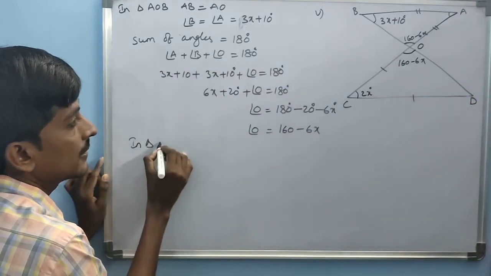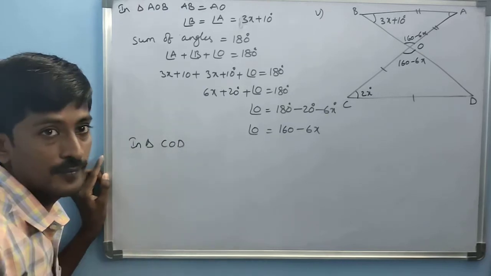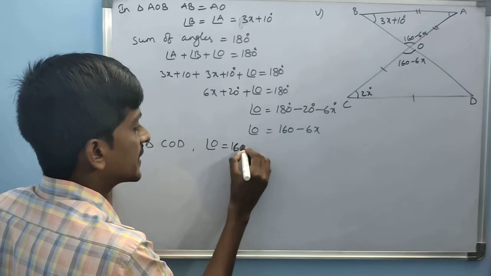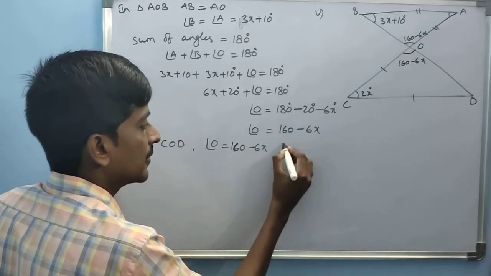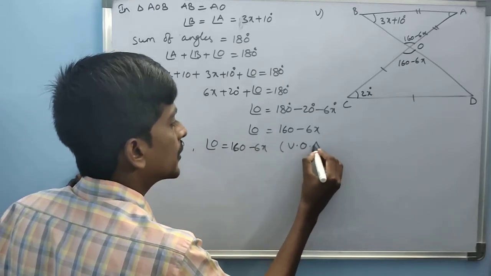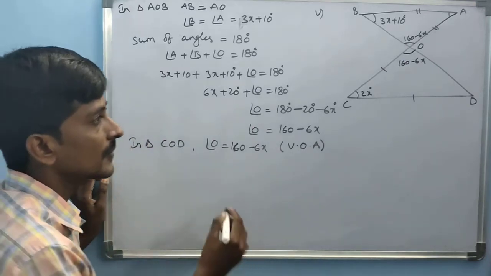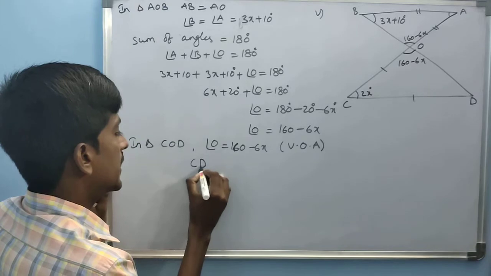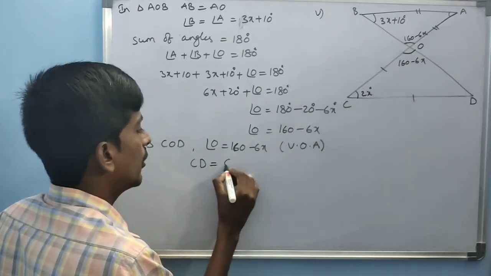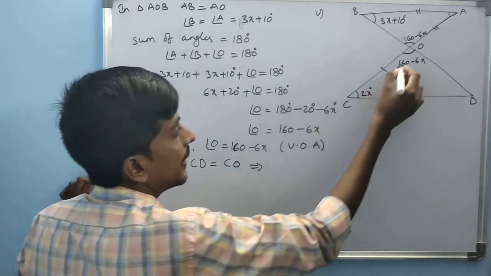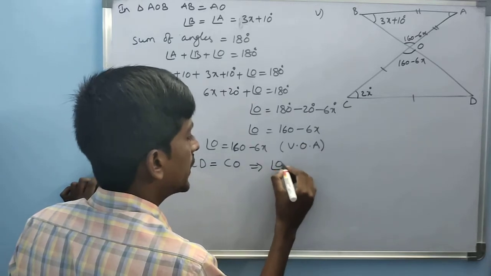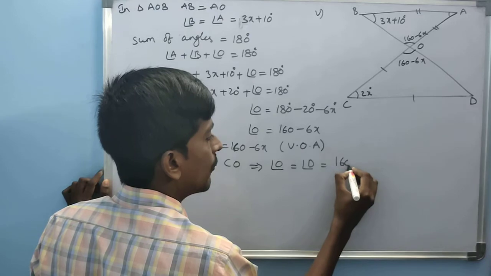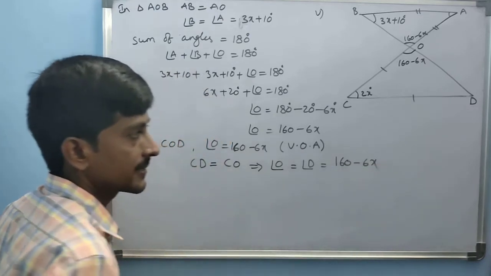In triangle COD, angle O equals 160 minus 6x since vertically opposite angles. So here CD equals CO, that implies angle O equals angle D, which is 160 minus 6x.